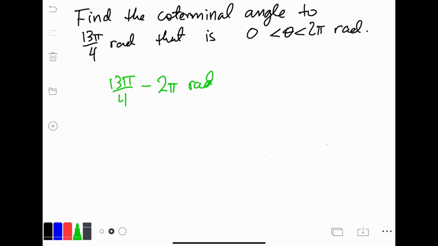Now, again, remember, 2 pi radians is the same thing as saying 2 pi over 1. It doesn't matter. It's just a good way for us to see the denominators. So our common denominator is going to be 4. So we want to multiply 2 pi by 4 over 4, which gives us 13 pi over 4 minus 8 pi over 4.